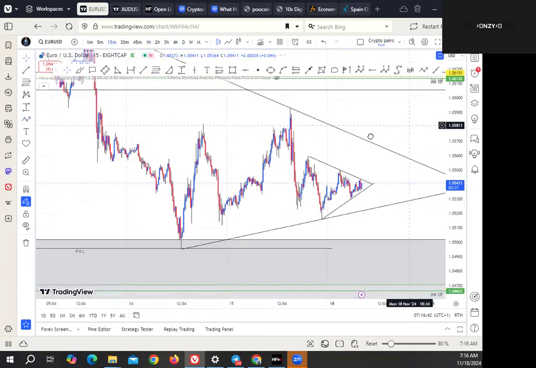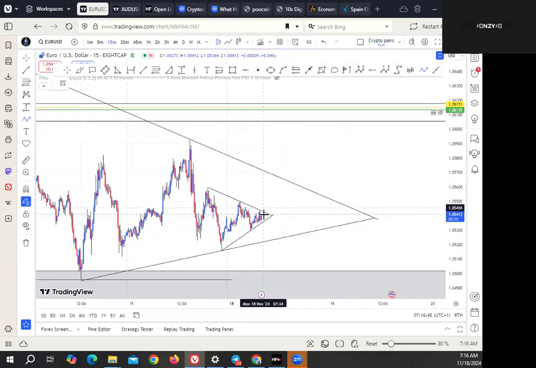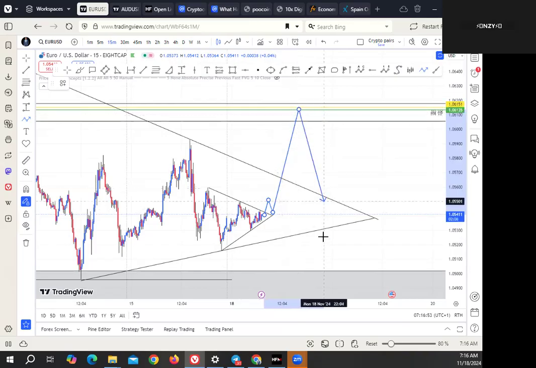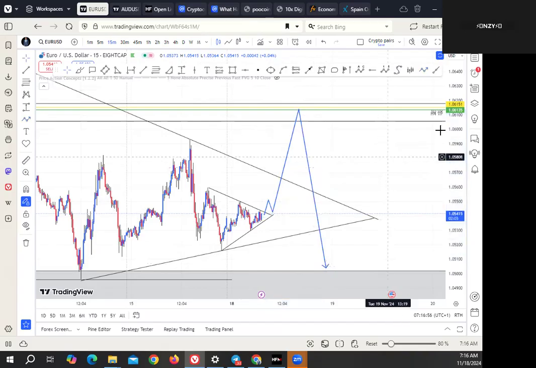In this case, you might wonder, what if the market doesn't just start dropping from here? Fine. If the market goes up, we should expect it to come towards this supply zone before we see another drop on Euro USD.